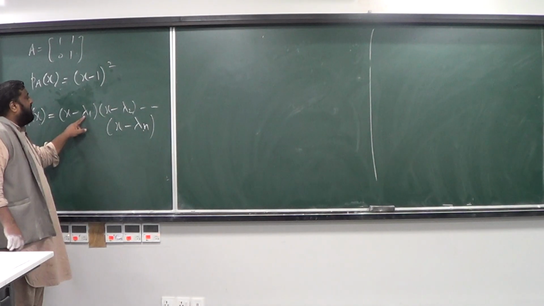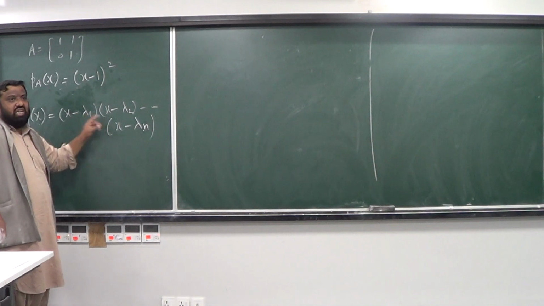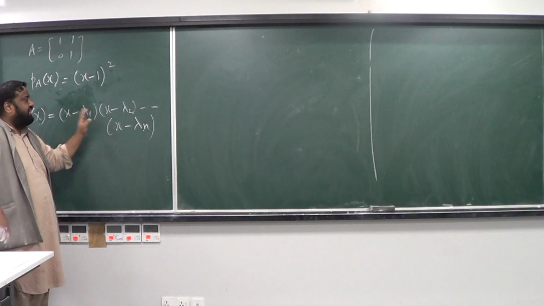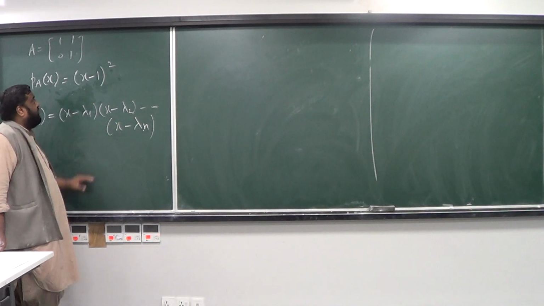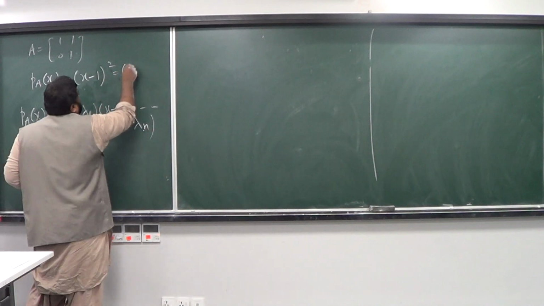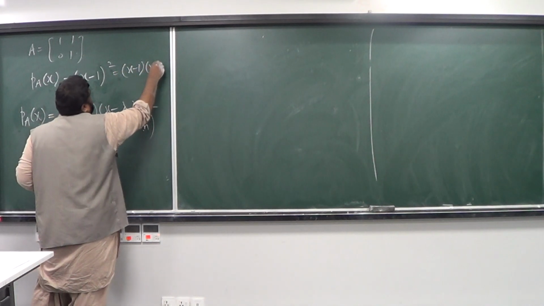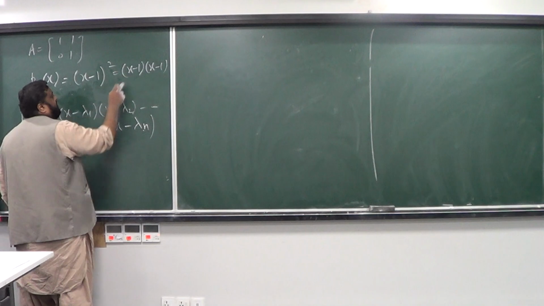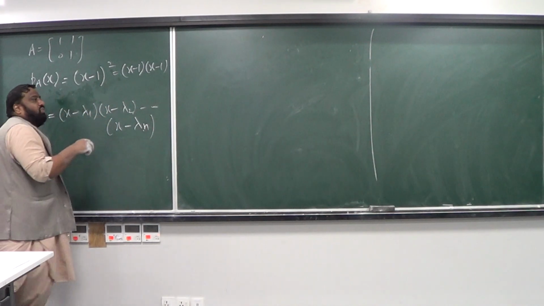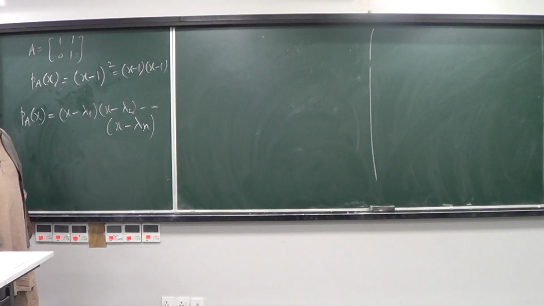In other words, lambda 1 can appear 2 times or 3 times or some number of times. For example, the characteristic polynomial for this matrix is x minus 1 times x minus 1. So here lambda 1 is 1 and lambda 2 is also 1. One eigenvalue repeats 2 times.